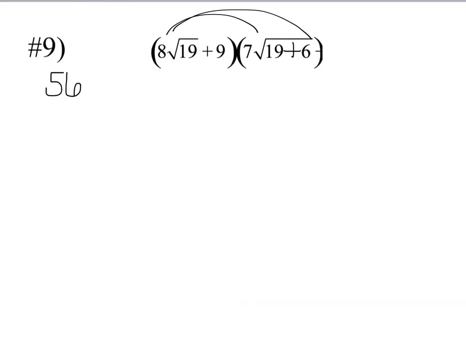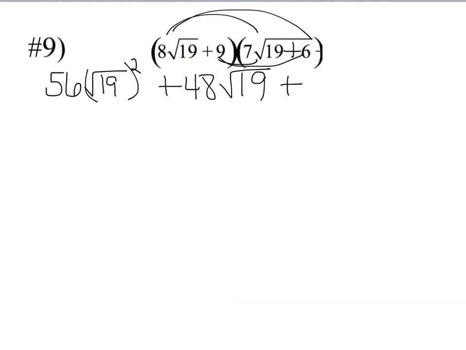So 8 times 7 is 56. And then I do square root of 19 times the square root of 19 is the square root of 19 squared, because we know later on that's going to cancel. Plus 8 square root of 19 times 6. So you do 8 times 6 is 48. And then you just tack your square root of 19 onto that.